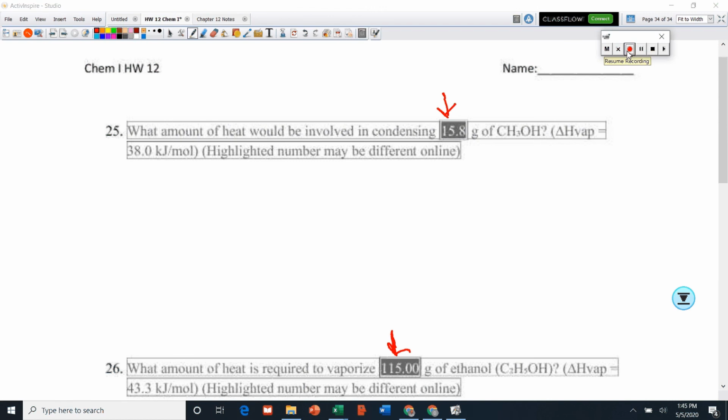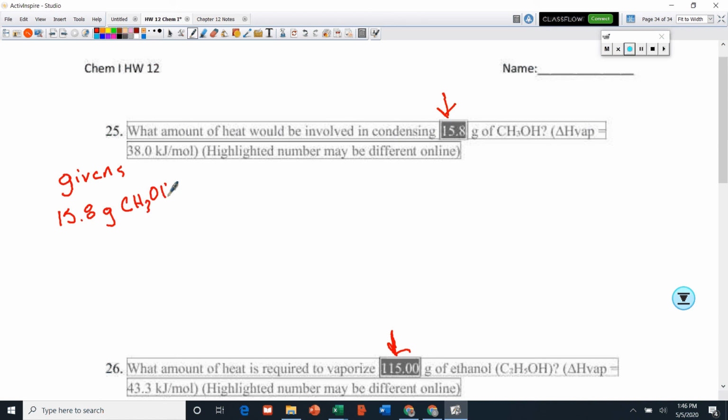All right. So first things first, looking at number 25, we need to establish what our givens are. So given, we have 15.8 grams of CH3OH.